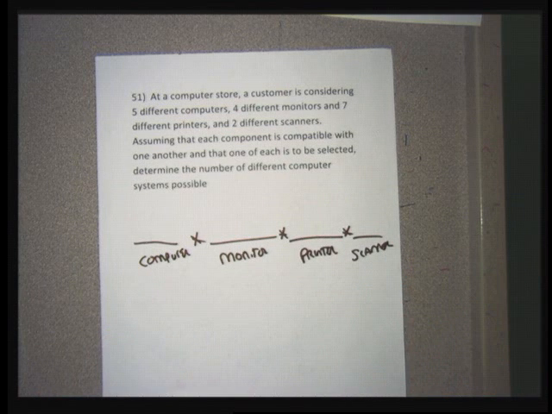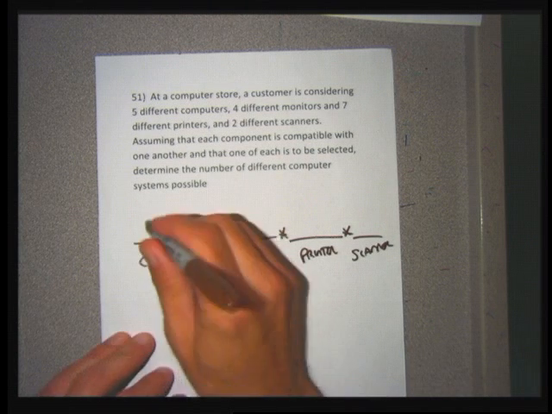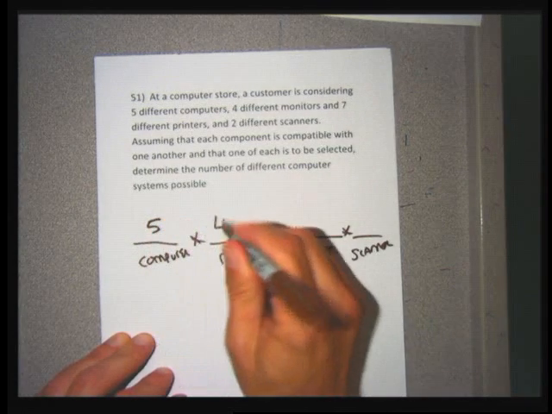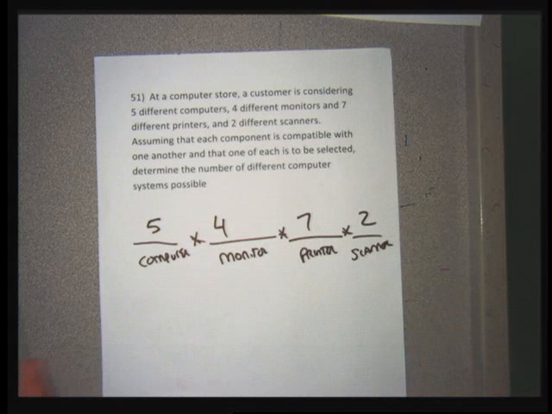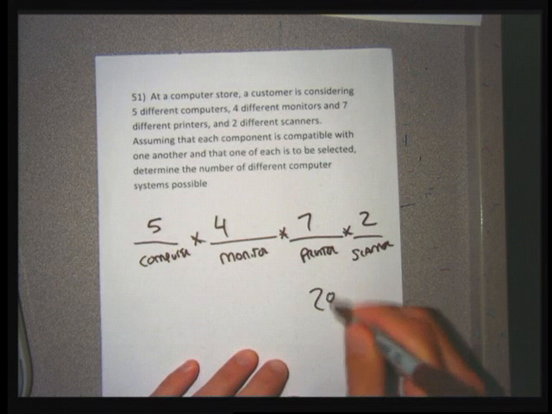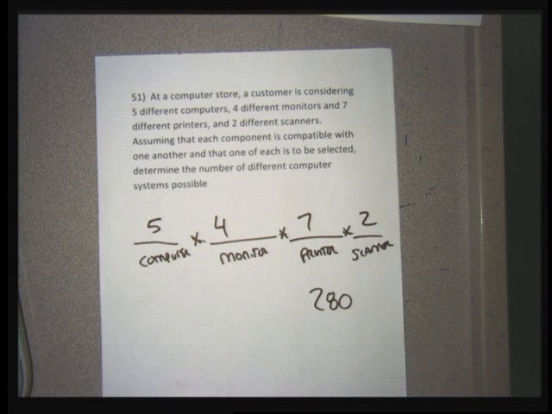Assuming all the parts are compatible with each other, how many different systems can I make that has one computer, one monitor, one printer, and one scanner? Well, there's 5 computers, 4 monitors, 7 printers, and 2 scanners. I need one of each. If I multiply those numbers together, I get 280 different computer systems are possible.